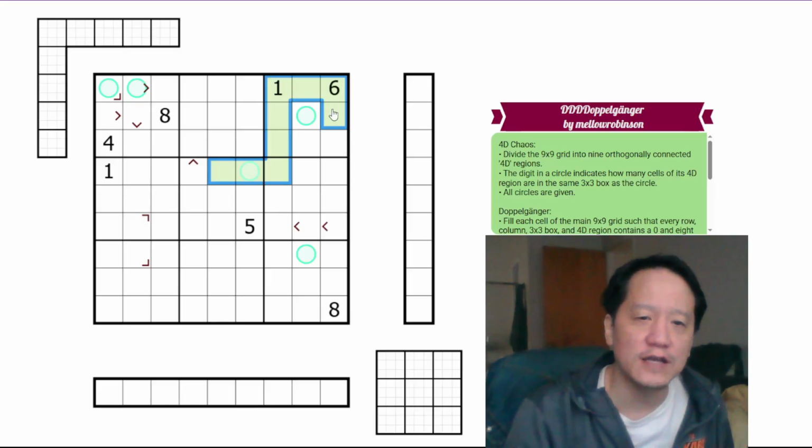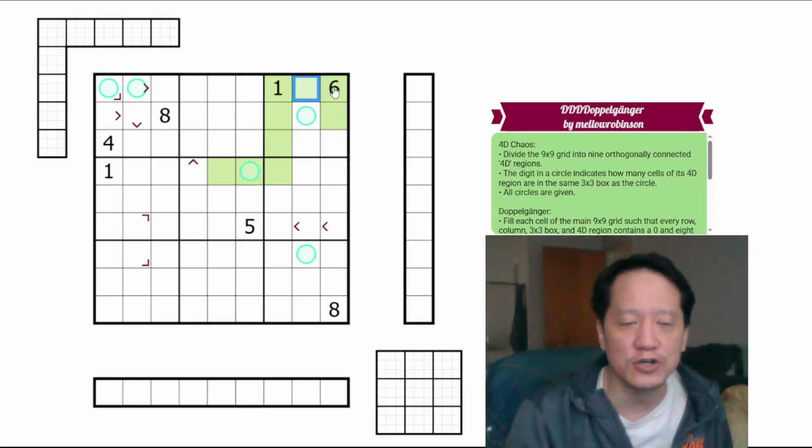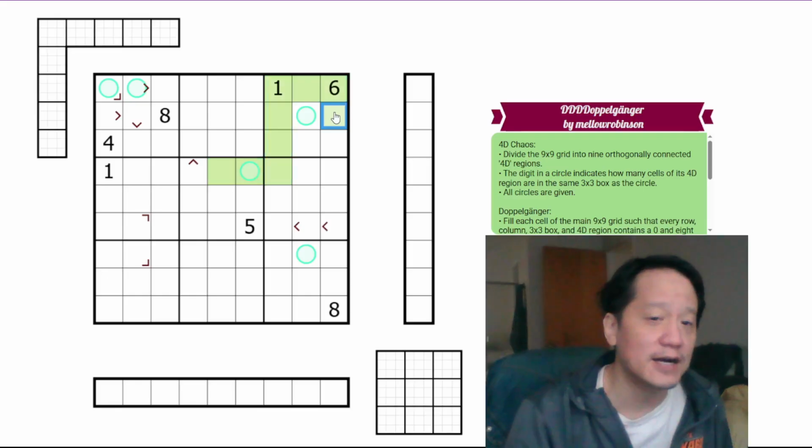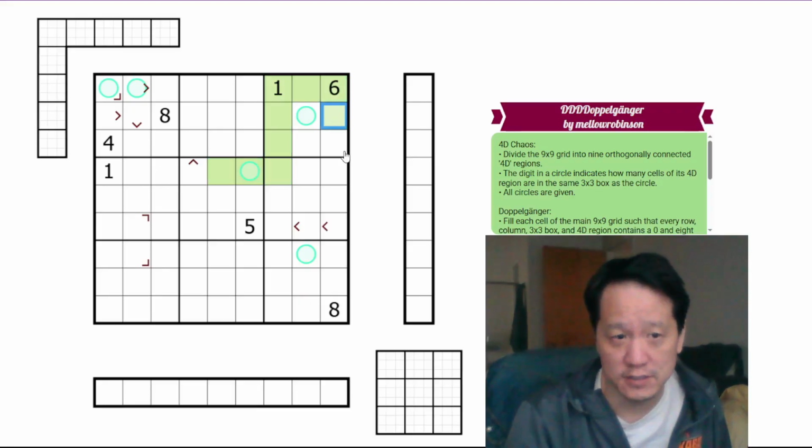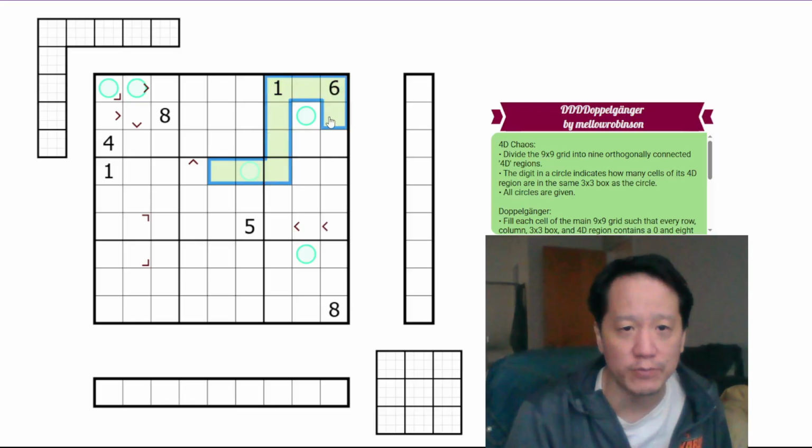Because you can go from any cell in that region to any other cell in that region just by going through edges, all while staying within the region. So for example, you can go this way to get to this cell here by just going through edges, and you'll be in that region the whole time.